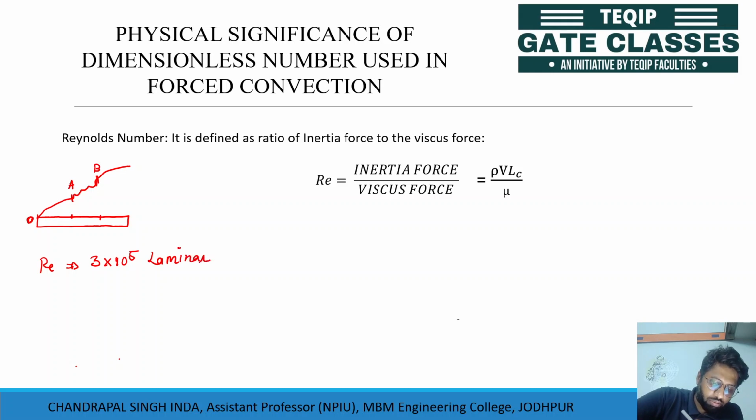If the Reynolds number is lesser than or equal to 3 into 10 to the power 5, then the flow is considered laminar. If it is greater than 3 into 10 to the power 5 and lesser than 5 into 10 to the power 5, then this type of flow is transition flow.